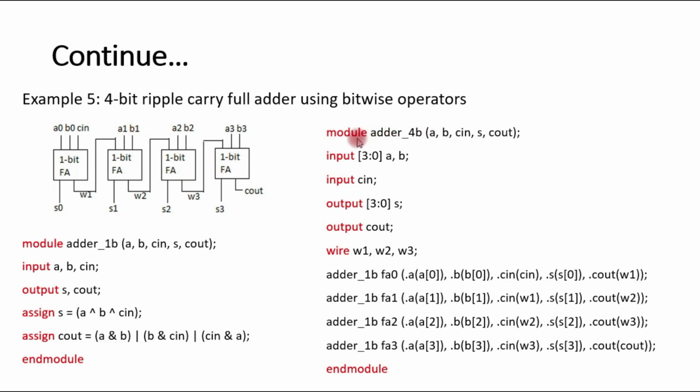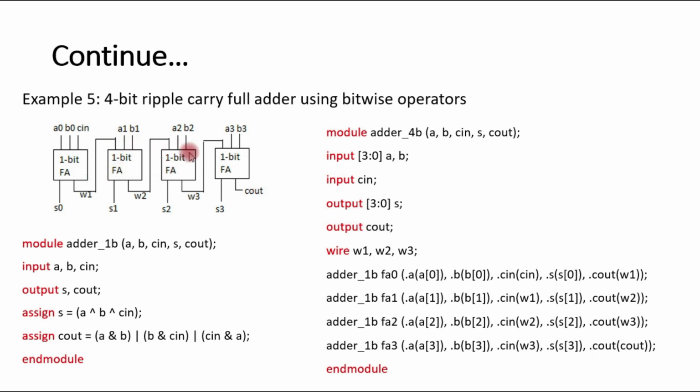Module keyword, module name adder_4b, 4-bit number. Inputs are A, B, Cin, outputs are S, Cout. Here inputs A and B are 4-bit numbers, so we are declaring here vector [3:0], and carry input is a 1-bit number. Similarly output S is a 4-bit number, so the vector is here [3:0], and final carry output is a 1-bit number.